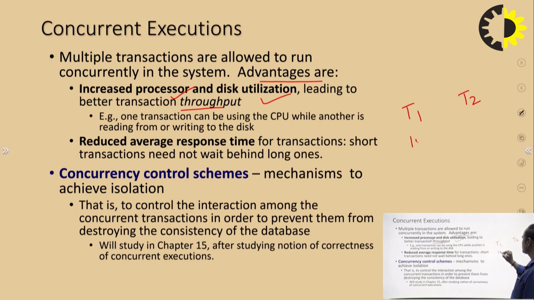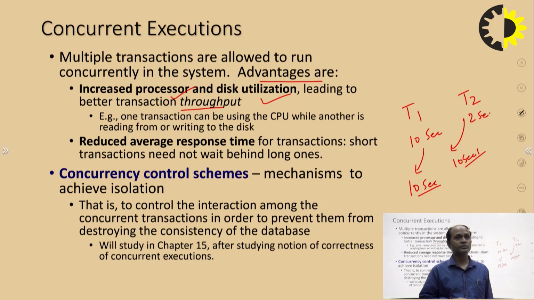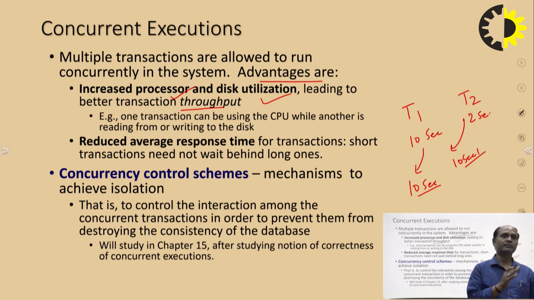T1 takes 10 seconds and T2 takes 2 seconds. If T1 starts first, T2 must wait 10 seconds until T1 is executed, and then T2 can start. So this affects the average response time of a transaction. This is the basic advantage and disadvantage.